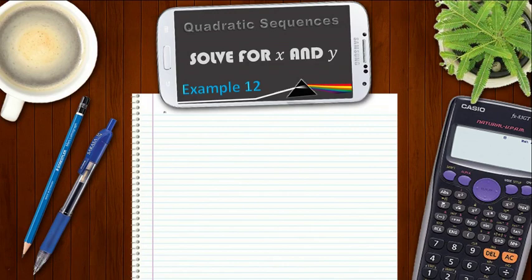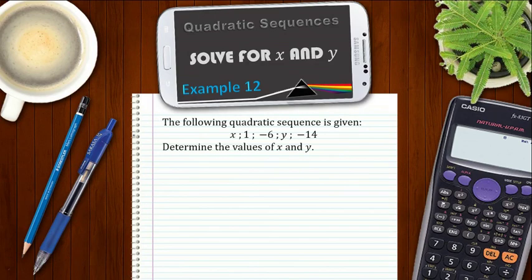So example 12 says the following quadratic sequence is given. Determine the values of x and y. Now what's important to note is that they must tell you what sequence it is, and in this case we know it's a quadratic sequence. What we know about quadratic sequences is their second difference is constant.